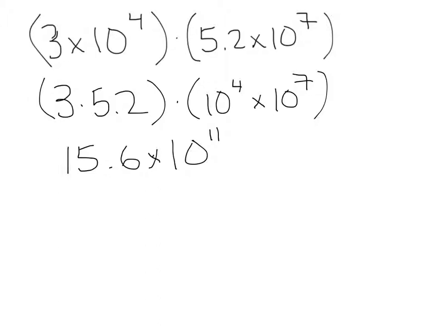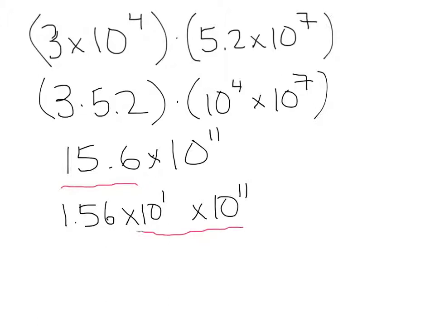However, this is not written in proper scientific notation form. So we would need to fix this answer, which means we can take the 15.6 and write that in scientific notation, 1.56 times 10 to the 1st. And remember, that all was being multiplied by 10 to the 11th. So formally, when we do it this way, we get to now put the tens together.